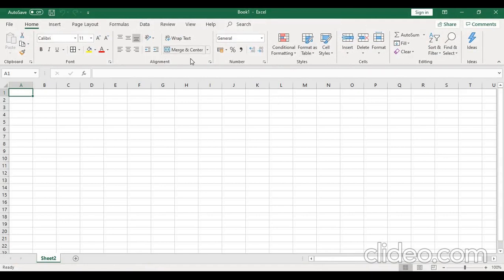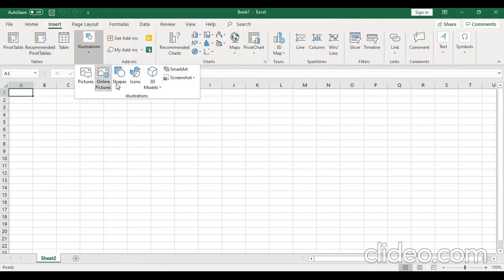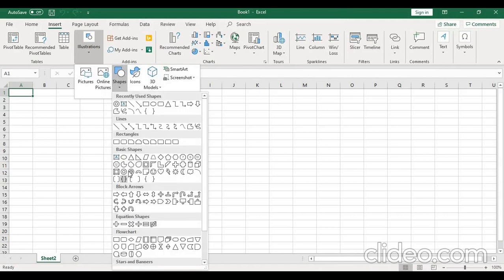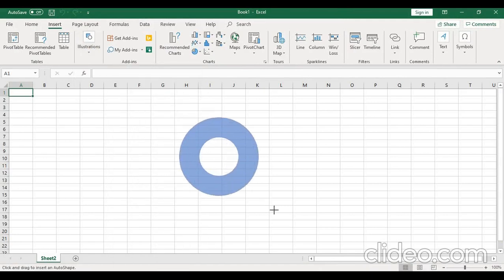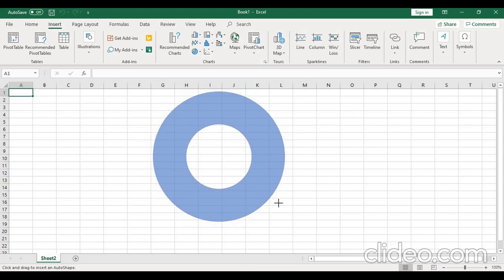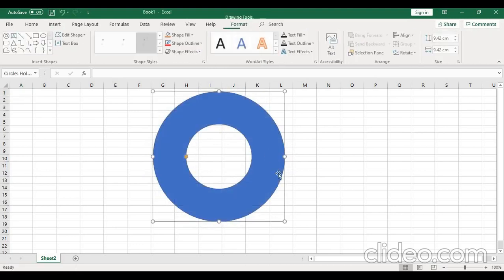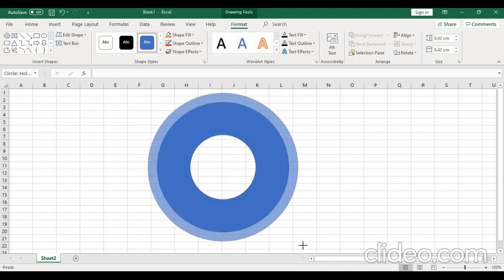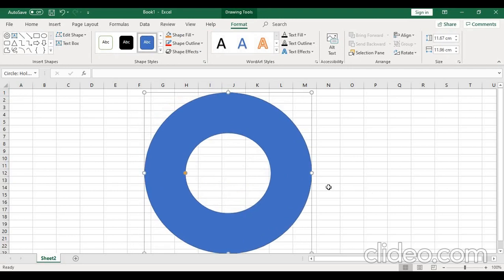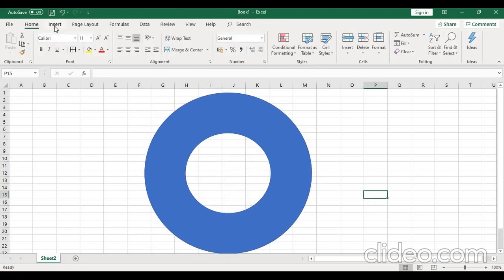So I have an Excel sheet open with me. Let me just try to draw an annular disk. Yes, this is the one. Let me just increase the size a little. Yes. So assume this is our annular disk.